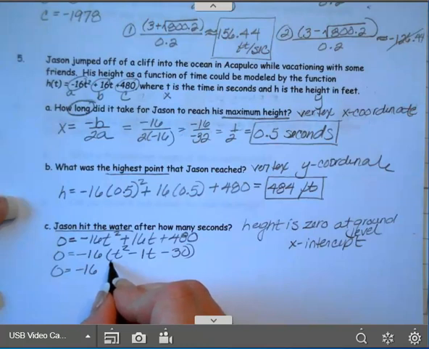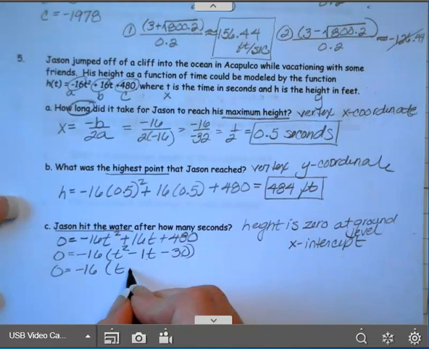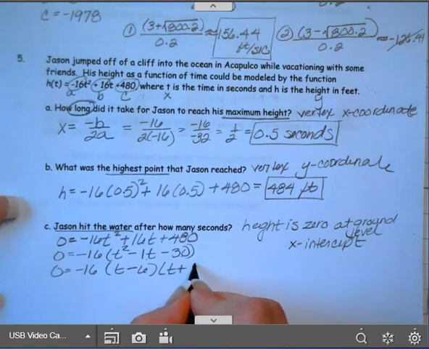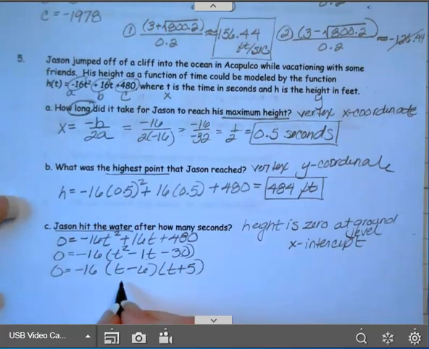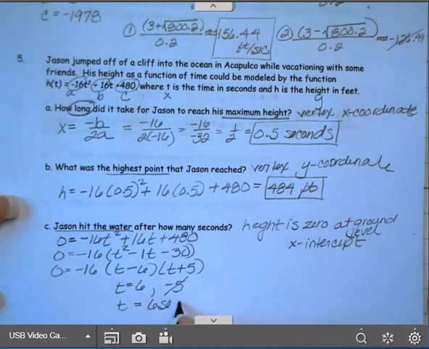And then this will factor into, needs to multiply to negative 30, add to negative 1, so that's going to be negative 6 and positive 5. And so our solutions would be 6 and negative 5, and of course the negative 5 does not make sense. So this is t equals 6 seconds.